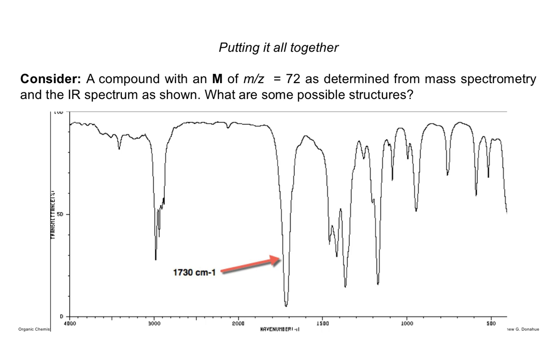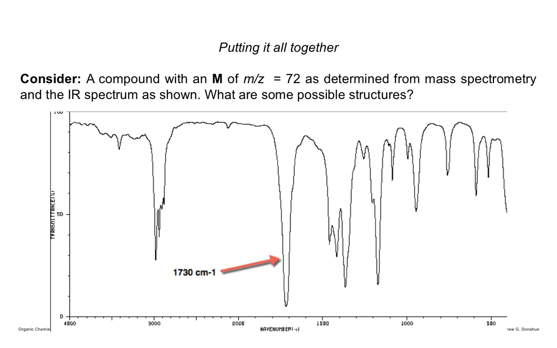And again, the whole point of this module is, now that we know functional groups, how can we use spectroscopy to determine if they're in a molecule? Because overall in this class, as we start learning reactions, a starting material or a substrate can give more than one product. So you have this mixture. And then how do you determine what is a major or minor component of the mixture?